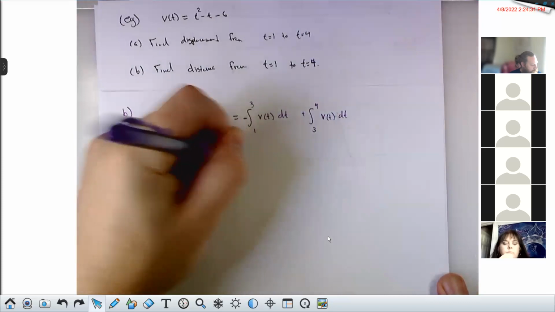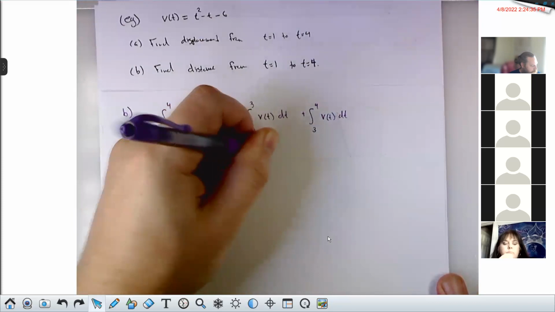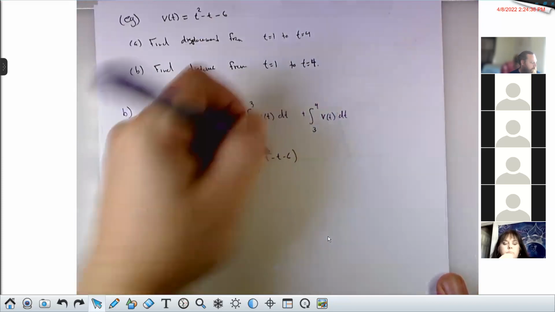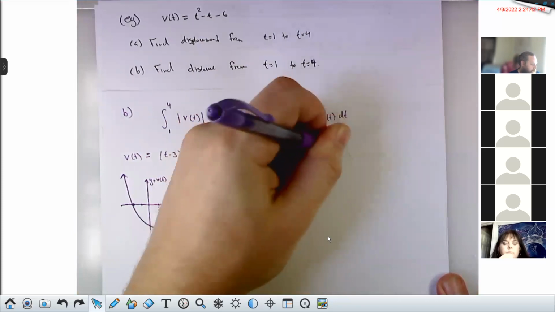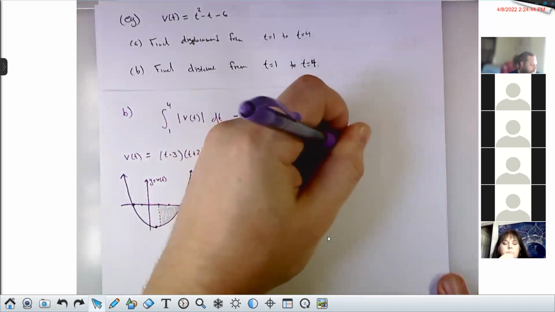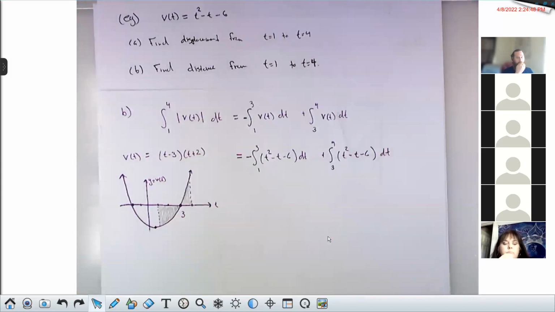I can put in what we're doing here. So our function is t squared minus t minus 6. And same deal here, 3 to 4. T squared minus t minus 6. Antiderivative step is not exciting.